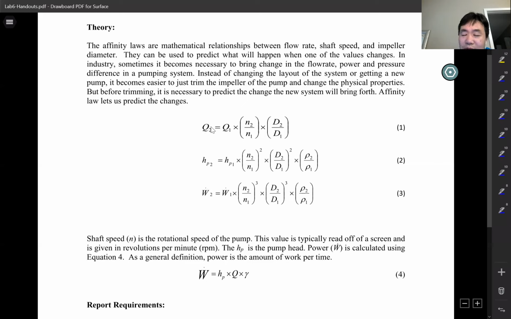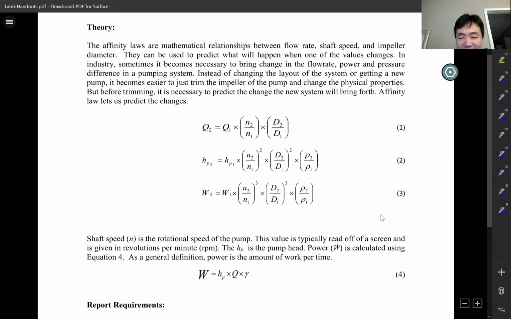That's your measured flow rate ratio, measured pump head ratio, and measured power ratio. I want you to compare your measured ratios to the theoretical ratios by equations 1, 2, and 3.